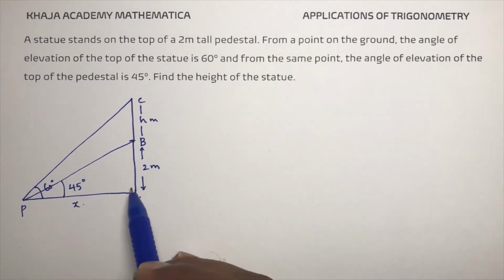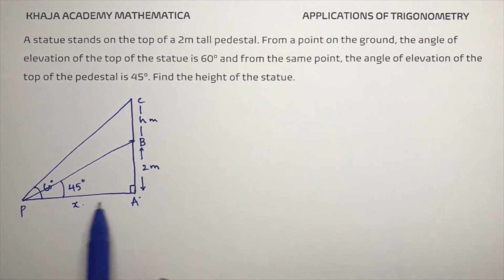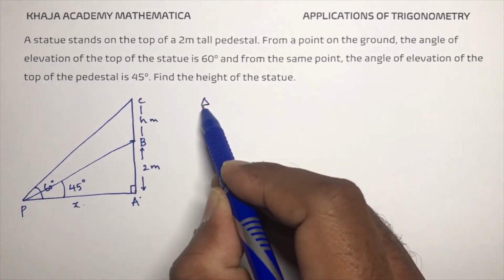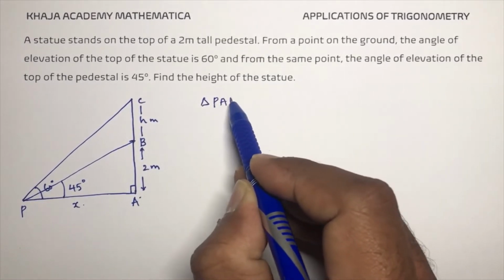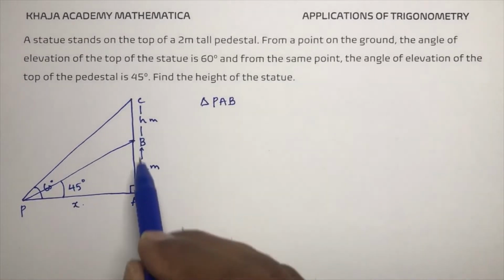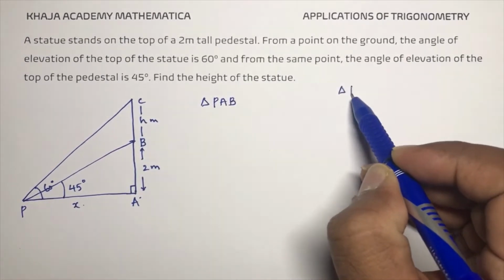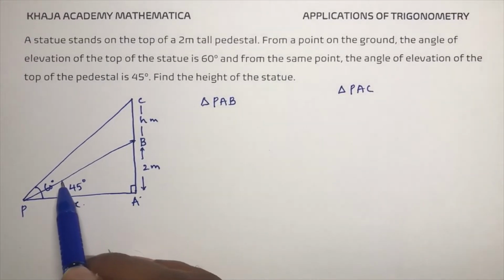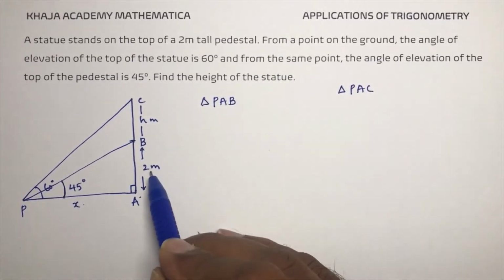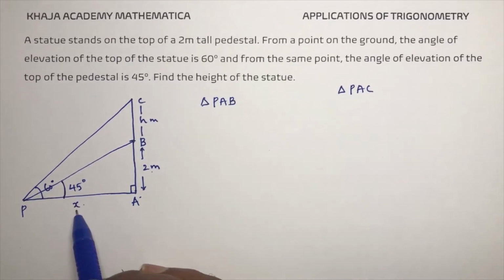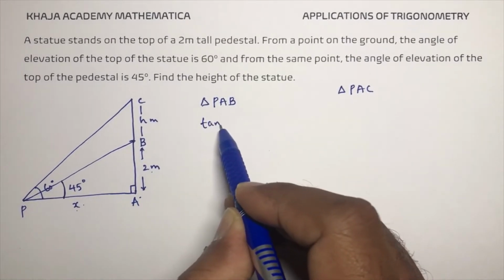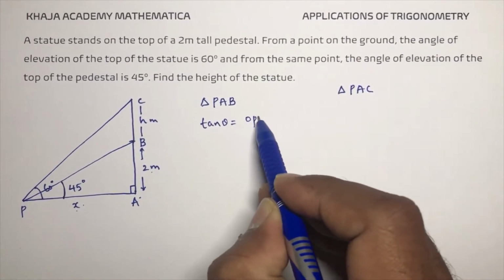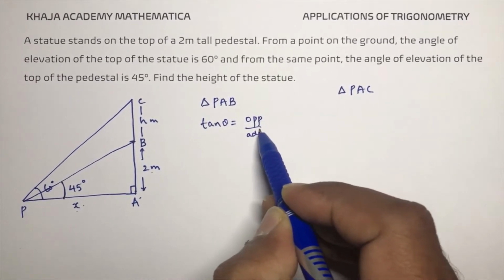Now here you need to take two triangles. One is PAB, the other one is PAC. In PAB, theta is 45, opposite is 2, adjacent is x. So I'll use tan theta, opposite by adjacent.